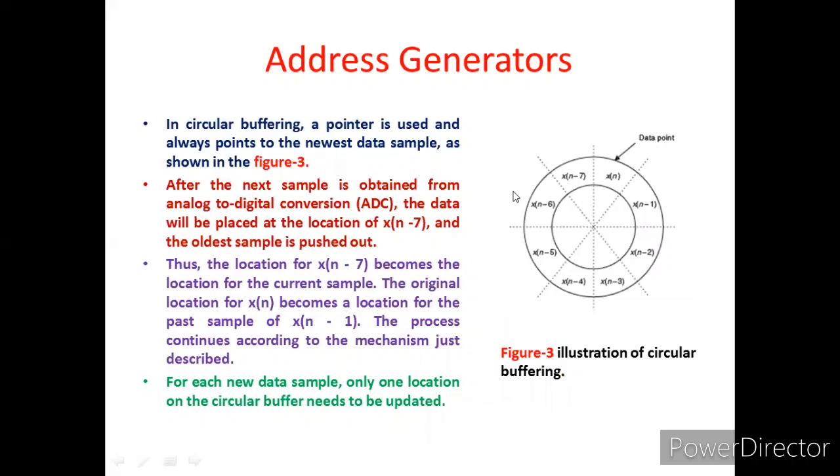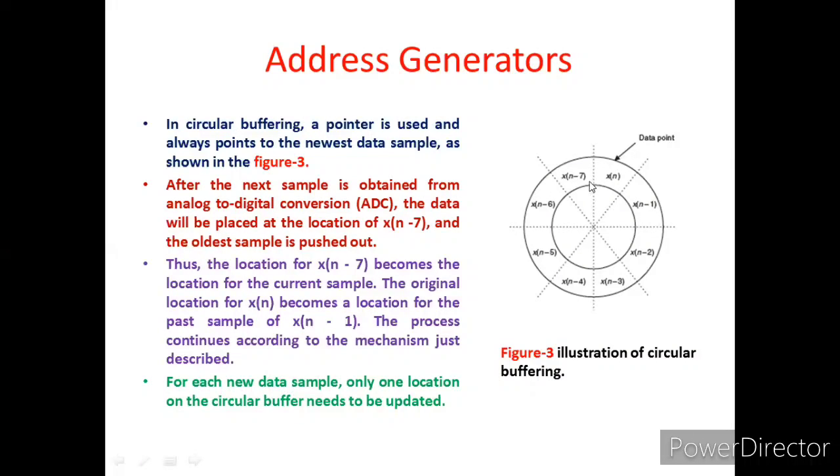Similarly, we can take a simple example here. In circular buffering, a pointer is used and always points to the newest data sample, as shown in figure 3. After the next sample is obtained from the analog to digital converter, the data will be placed at the location x of n minus 7.